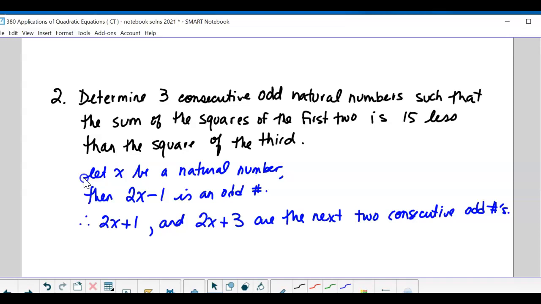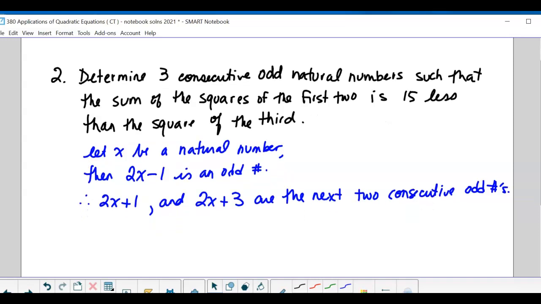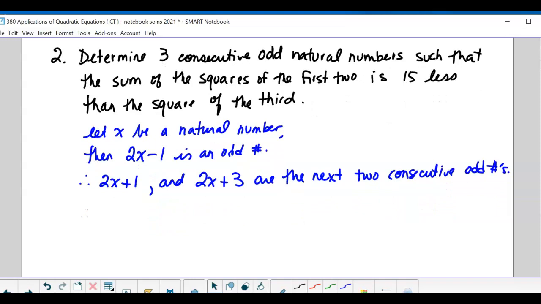So then the sum of the squares of the first two. Now you could start at 2x plus 1, you could start at 2x plus 9, any odd number here, but keep the number small, right?